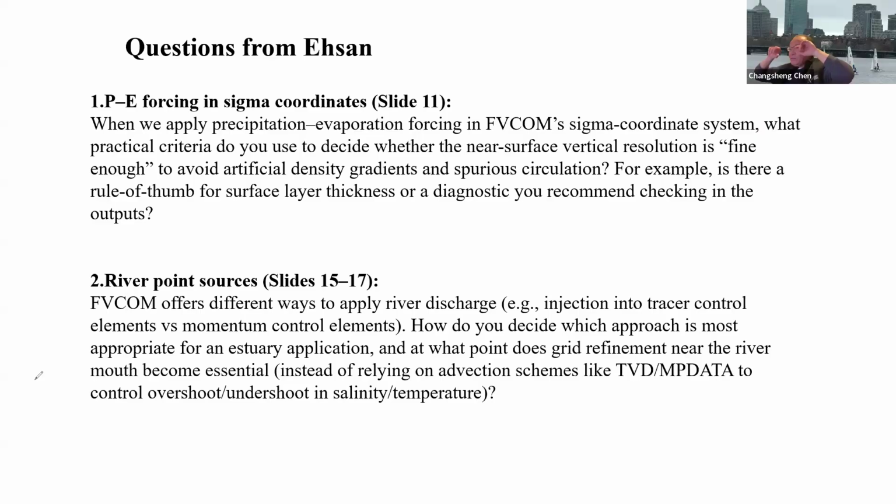If you use uniform layers, you definitely don't cause any problem. But if the grid gets smaller, the error can become smaller. The question is what the criterion is, and which thickness we should choose. So you need to do some testing.